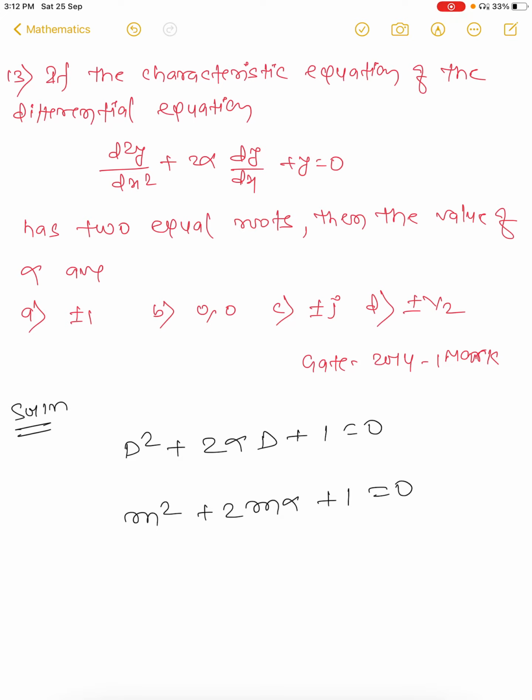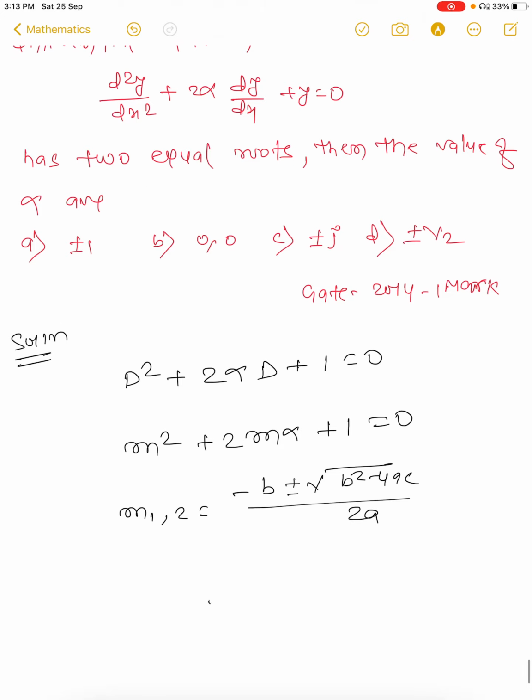We can say that for equal roots, alpha should be... okay, m1, m2 is equal to minus b plus minus square root of b² minus 4ac, upon 2a. What is b?